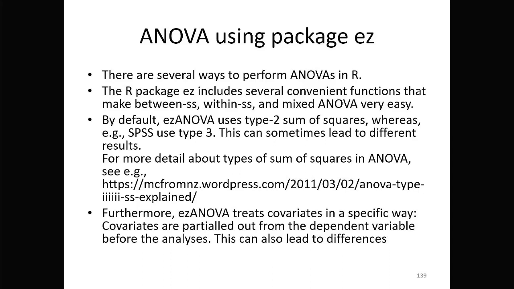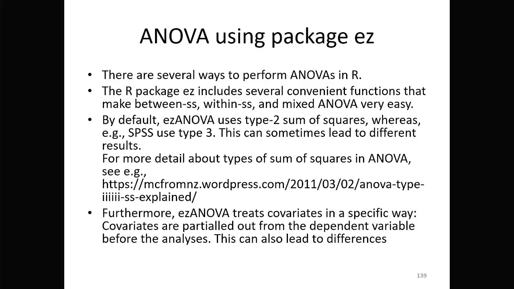So type 1 sum of squares means that the first factor that you specify in the model tries to explain as much of the variance of the dependent variable as possible. The second factor tries to explain what's left from the first factor, and the third factor what's left from the first two factors, etc. And that's not very good, because then which factor is significantly associated to the dependent variable depends on the order in which you specify the factors.